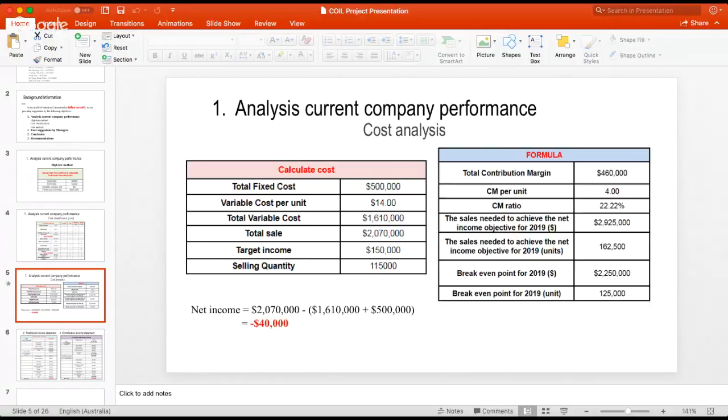In this case, the contribution margin is 460,000, which means every unit we sell contributes 22.22% of the sales revenue. However, the fixed cost is too high for the selling price to offset it. Furthermore, the company needs to sell at least 162,500 units in order to achieve its target income of $150,000. Move to the next slide, please.